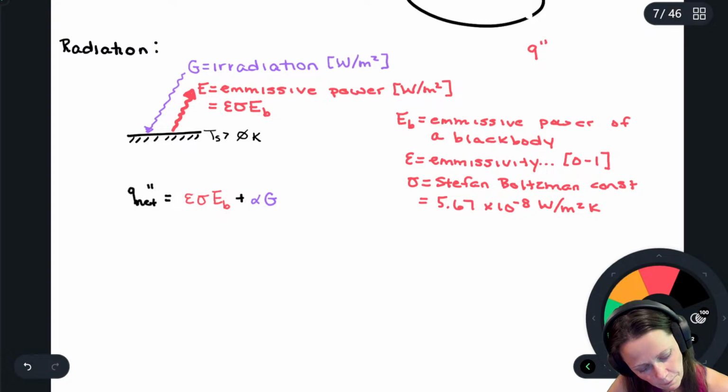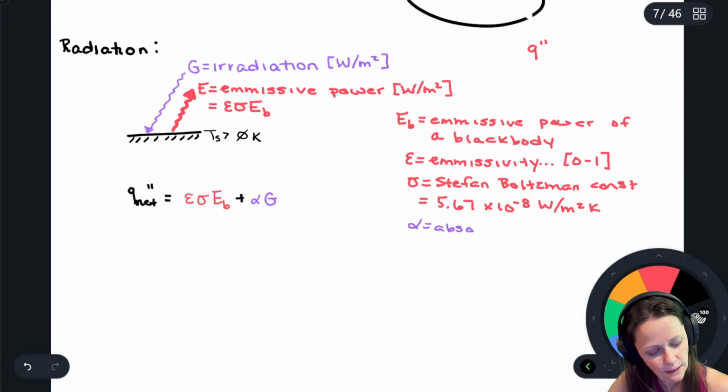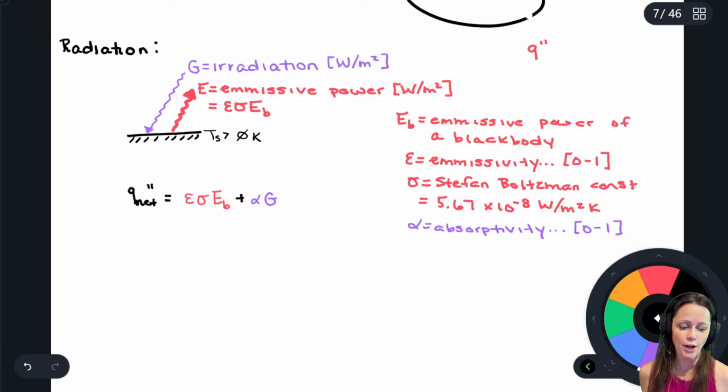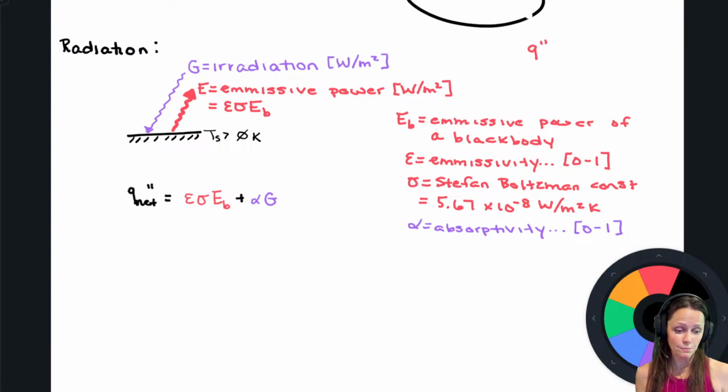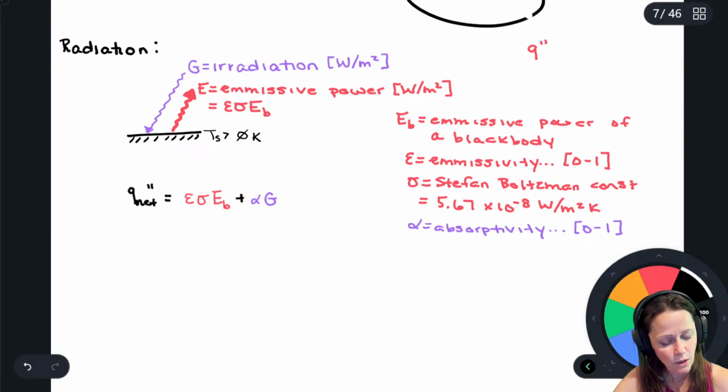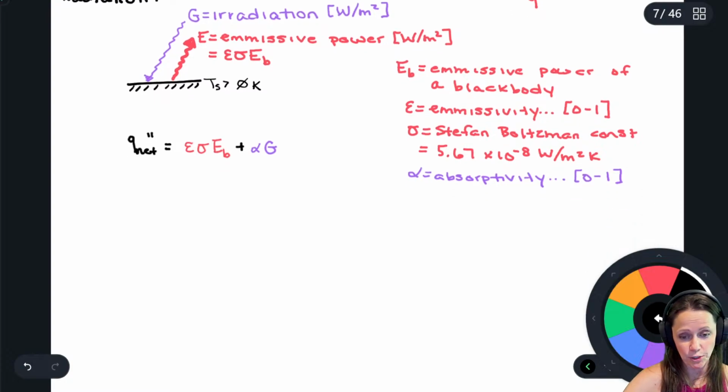So this guy is the absorptivity. And just like the emissivity, it's a number between 0 and 1. A black body, not only is it a perfect emitter, meaning that it has an emissivity of 1, but it's also a perfect absorber, so it also has an absorptivity of 1. So there you go. We're going to look at a special case.